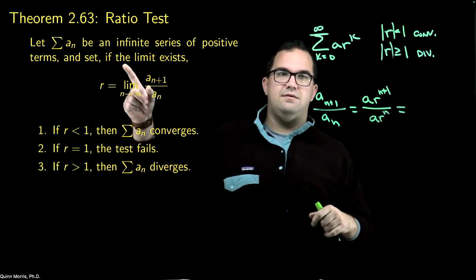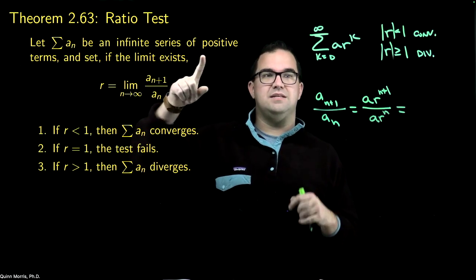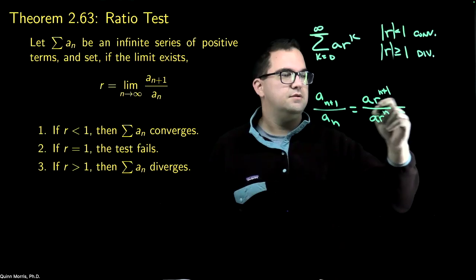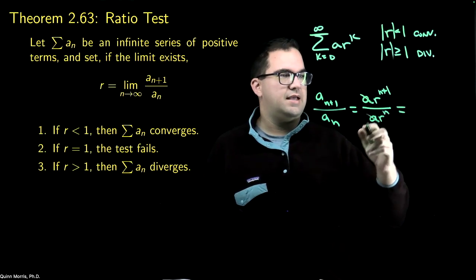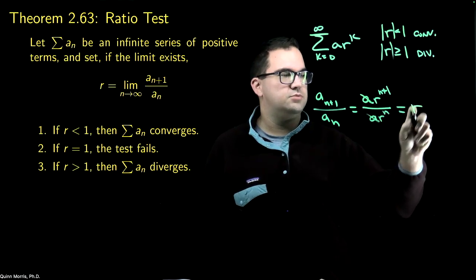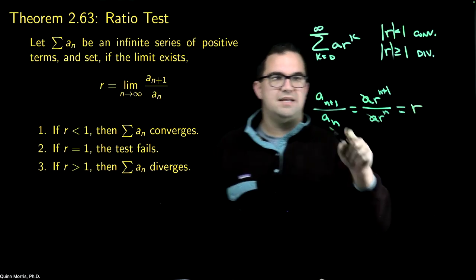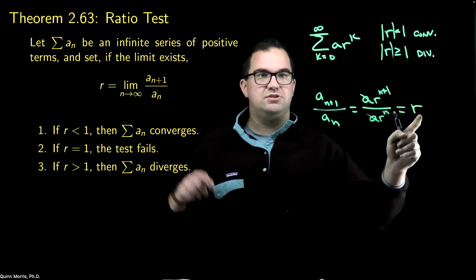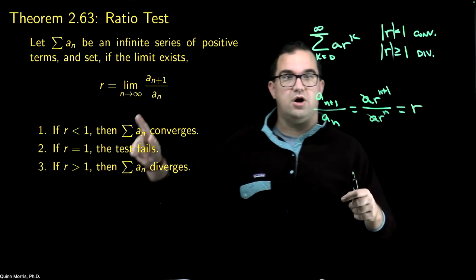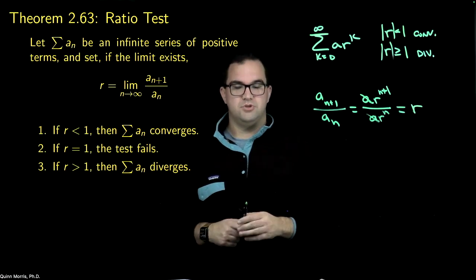My assumption here is that these are positive terms, so A couldn't be 0 if I was trying to apply the ratio test. So those could be canceled. And then R to the n plus 1 divided by R to the n would just be R. What you see here is that even without taking the limit, this ratio for a geometric series is always R. So you actually recover a lot of the same result.